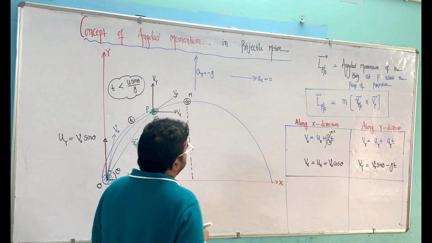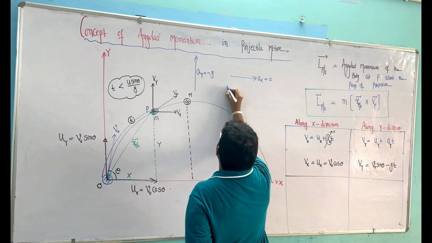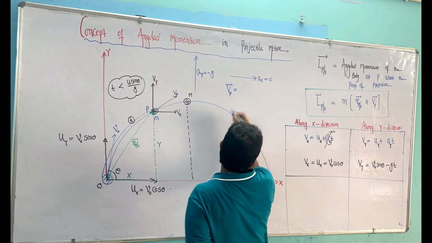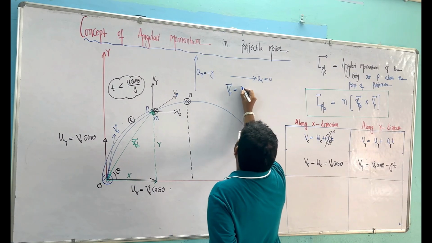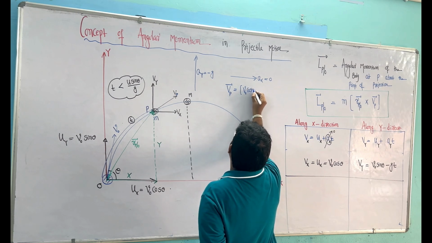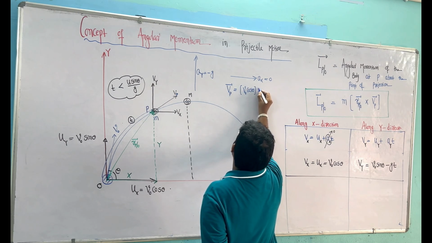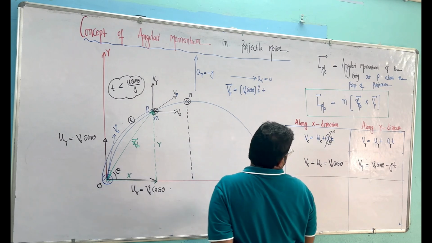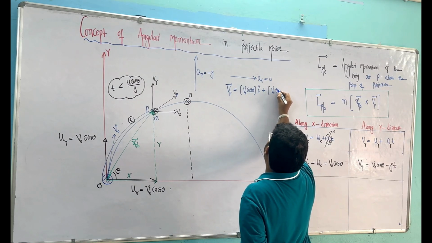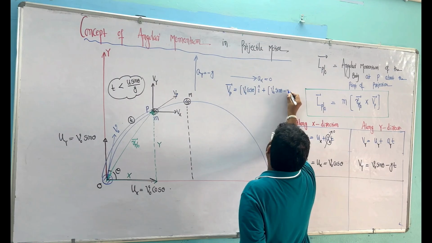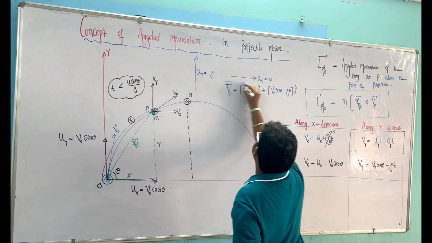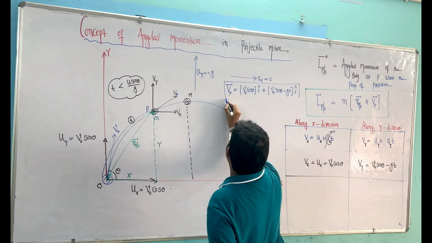Understood? Here, what is the velocity at point P, Vp bar? You can write it as V naught cos theta i cap plus V naught sin theta minus g t j cap.